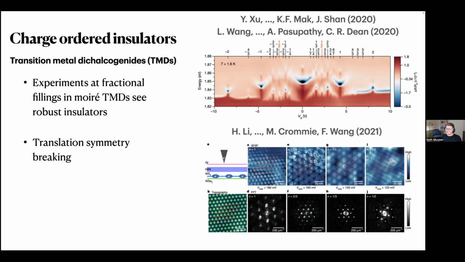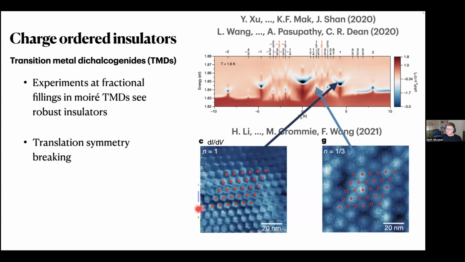And I would have said it's very hard to verify that guess, but there was an amazing experiment by Mike Crommie and Feng Wang's groups at Berkeley, where they top gated their sample with graphene, which allowed them to actually use an STM tip to image the underlying charge distribution in the Moiré TMD without damaging it.